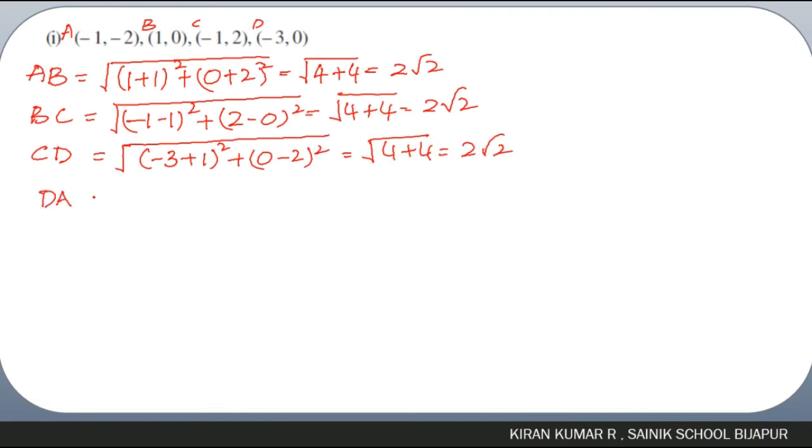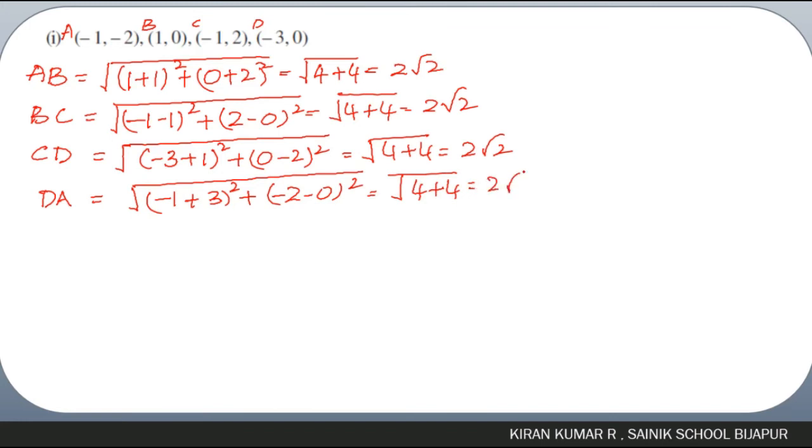Let's find the length of DA, which is negative 1 minus of minus is plus 3 whole square plus negative 2 minus 0 square. Again we got the same length. Here all sides are equal.